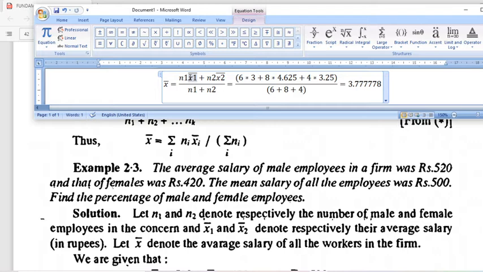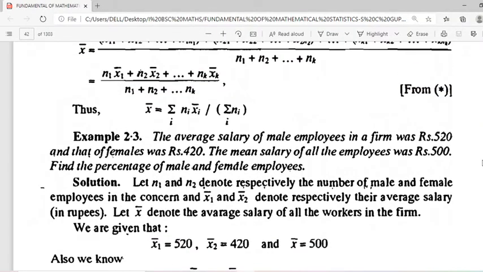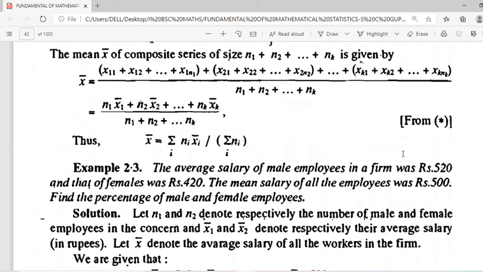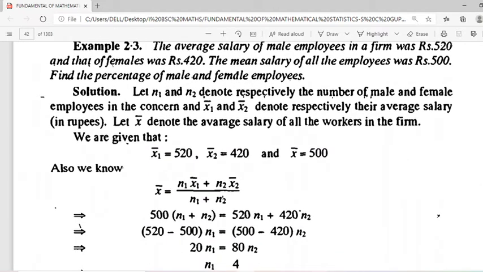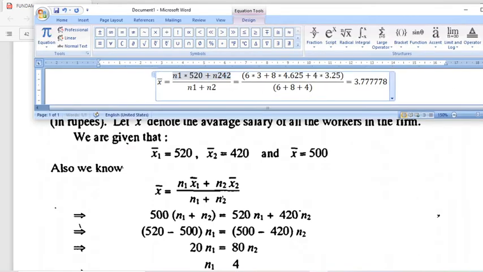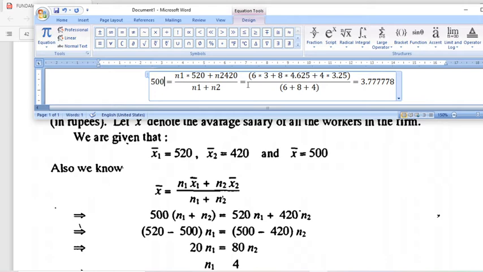What is the value? x1 bar is 520. Then another value, 420, is given. Moreover, the total combined mean is also given: 500.